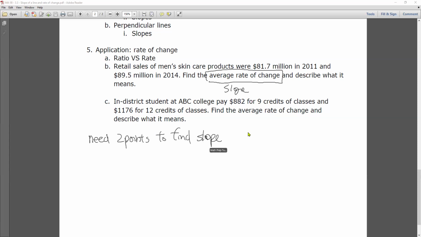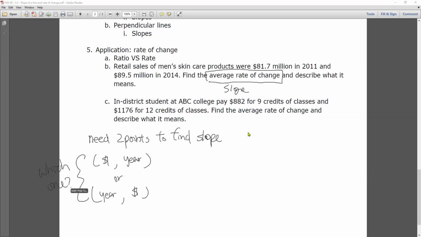Now we have a problem. We're dealing with two things here. We're dealing with money and we're dealing with year. So the question here naturally would be, well, do I do money then year as my point? Or do I do year and money as my point? Which one do I use?